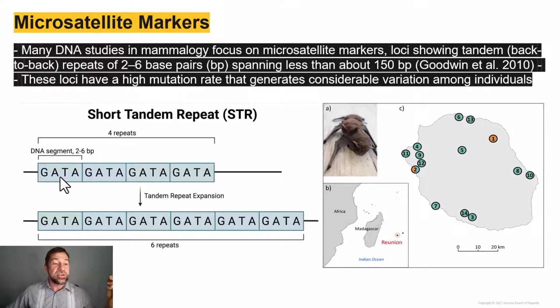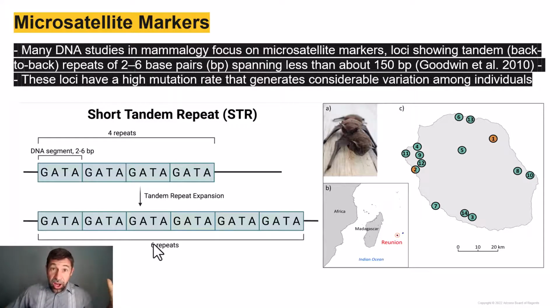Here you can see GATA, GATA, so 4 times. Whereas individuals from these colonies show 6 of these STRs. So it's a great way to look at population-level problems in genetics.